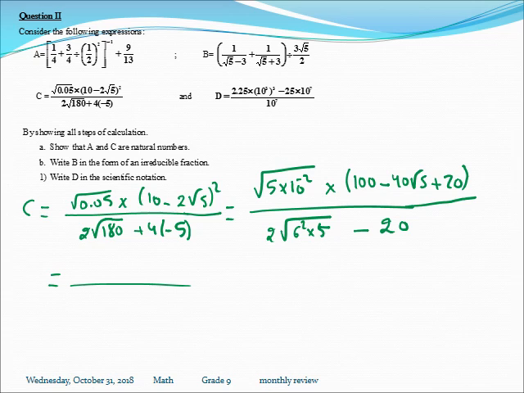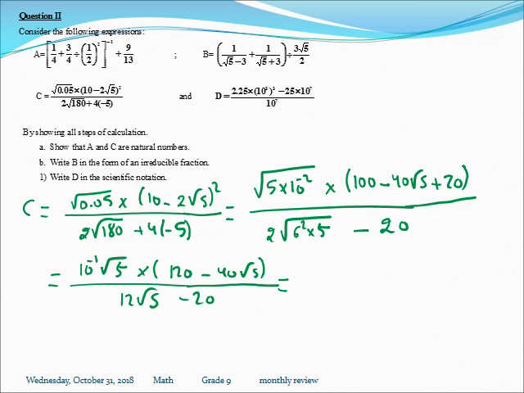5 times 10^(minus 2), and the radical is equal to 10^(minus 1) radical 5, times (120 minus 40 radical 5) over (12 radical 5 minus 20).